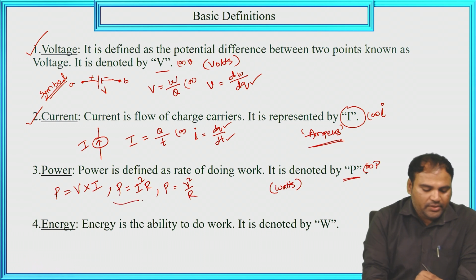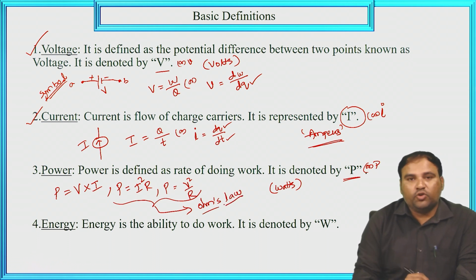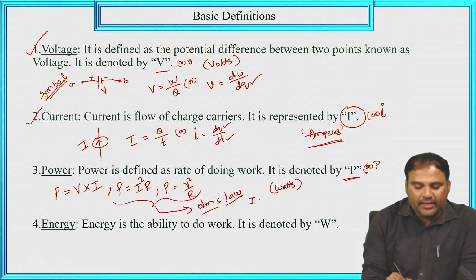These two power equations come from Ohm's law. Ohm's law states that at constant temperature, current is directly proportional to voltage and inversely proportional to the resistor.